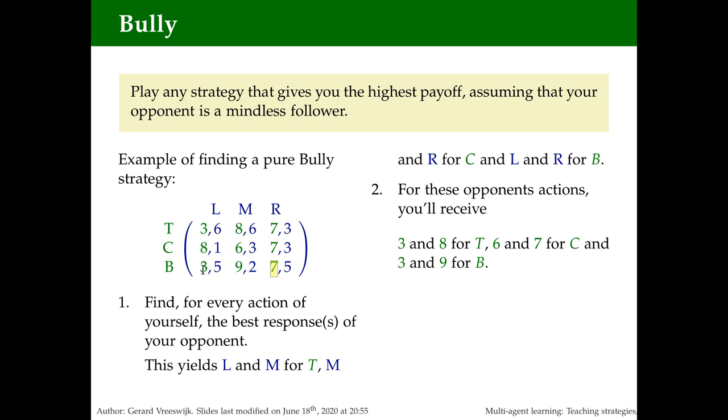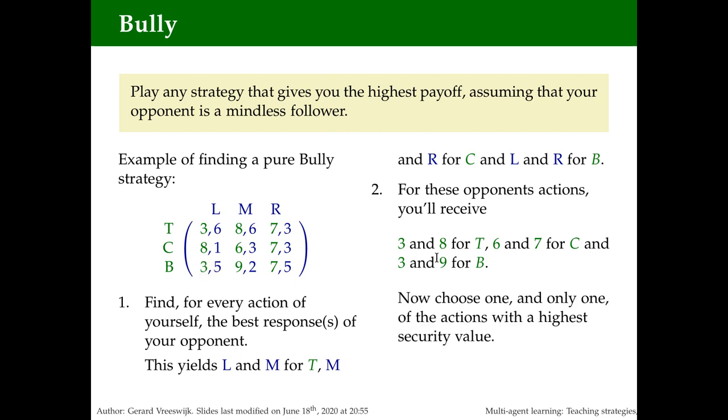Then you will receive either 3 if your opponent chooses left, or 7 if your opponent chooses to respond with right, or a mixture thereof because your opponent is indifferent between left and right here.